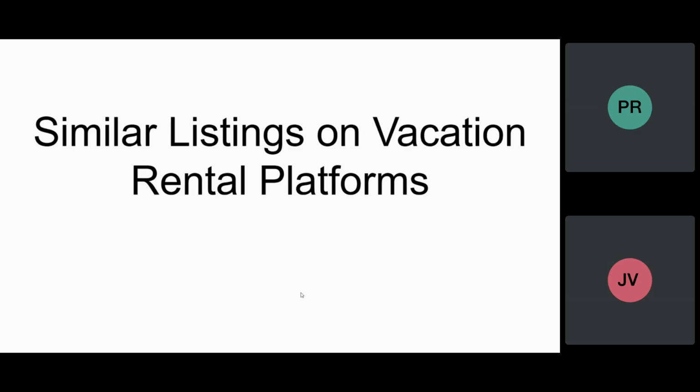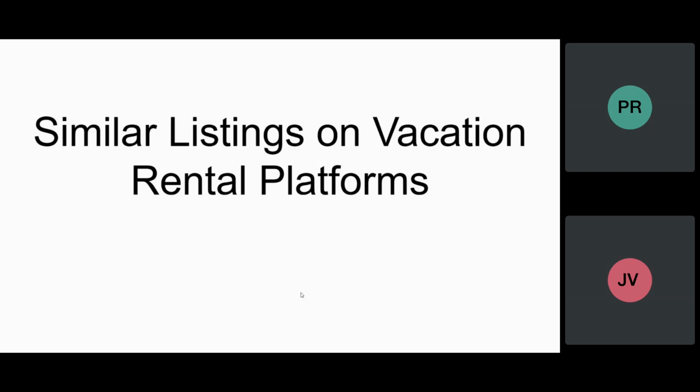So, hello everyone. My name is Jamit, and we have been together with Prakash and UOTF presenting different use cases for the AI/ML study circle. This time's use case is vacation rentals, similar listings on vacation rental platforms like Airbnb.